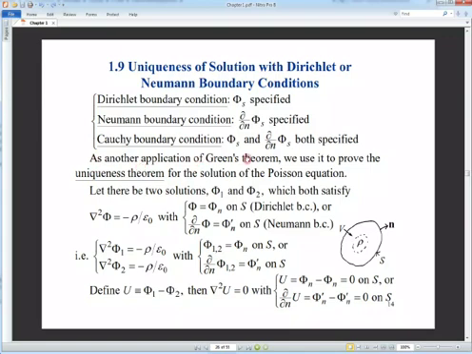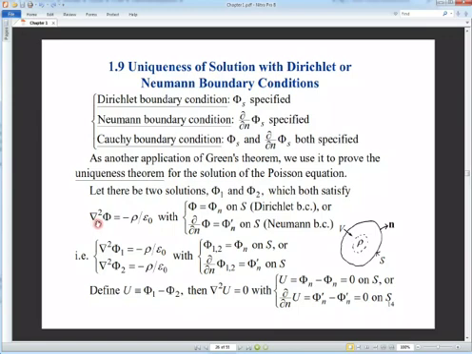As another application of Green's theorem, we use it to prove the uniqueness theorem for the solution of the Poisson equation. Let there be two solutions, phi 1 and phi 2, which both satisfy the equation.